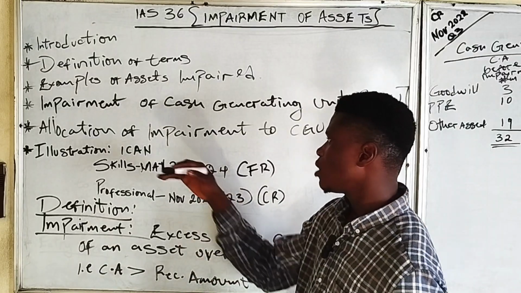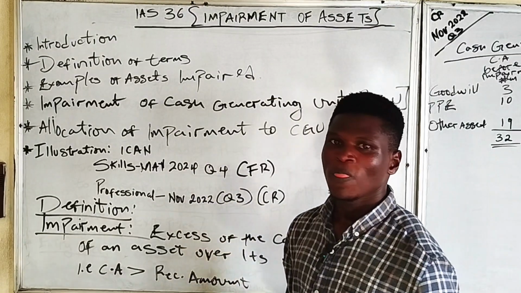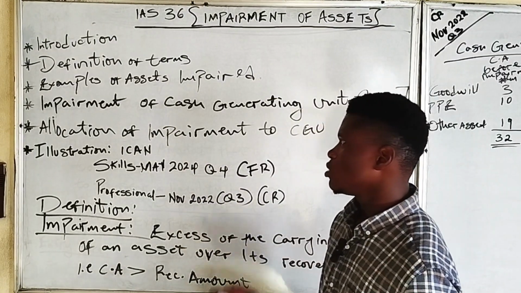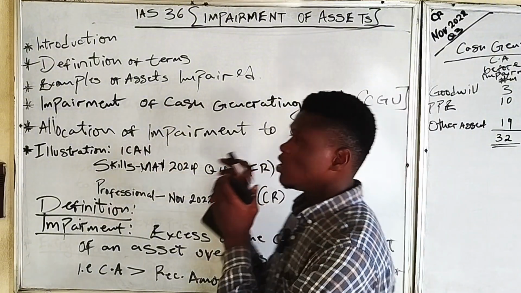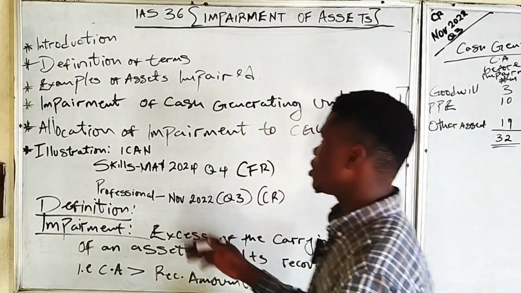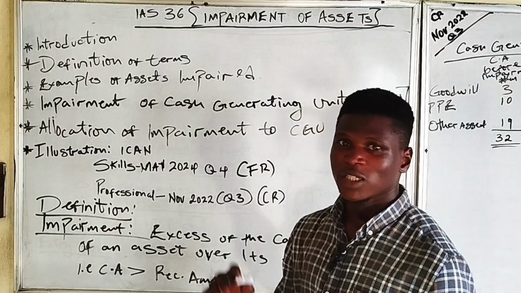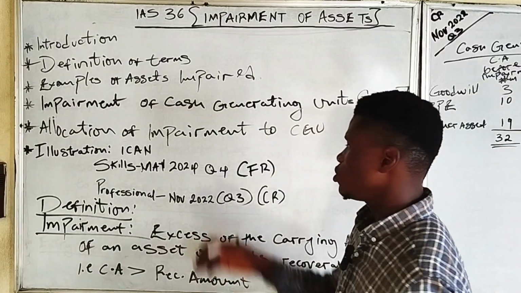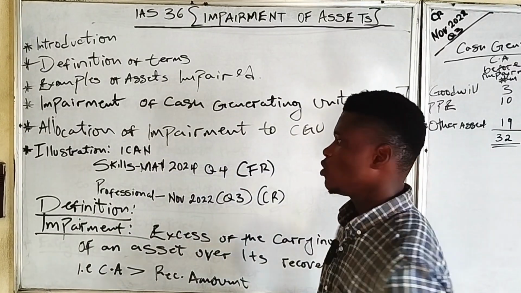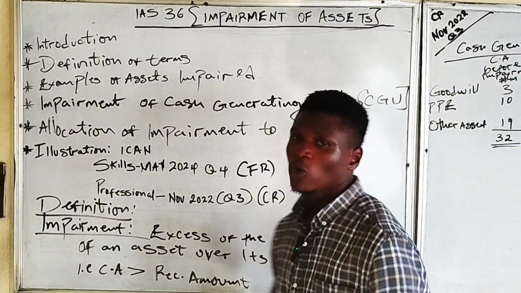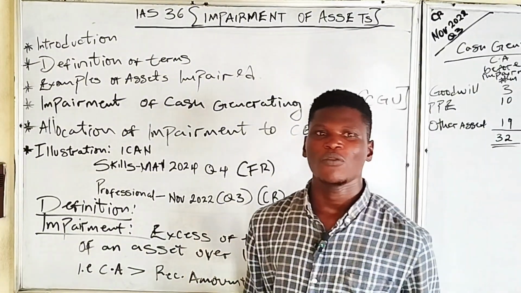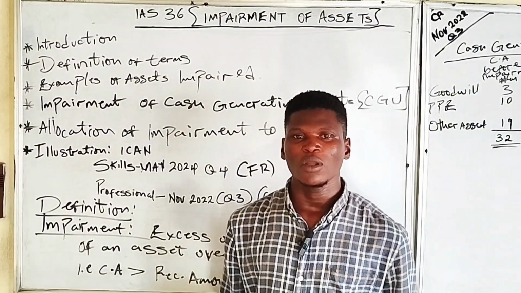We also talked about how we allocate impairments to cash generating units. Then we did the differences between the internal indicators of impairment and the external indicators of impairment. Then we took a comprehensive question on this particular standard. So I hope we understand the scope of IAS 36 and all about it.